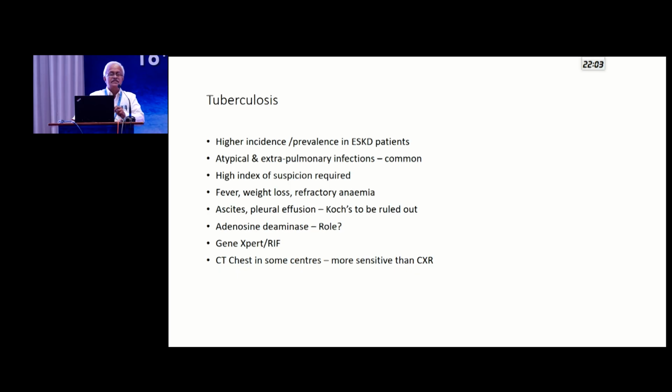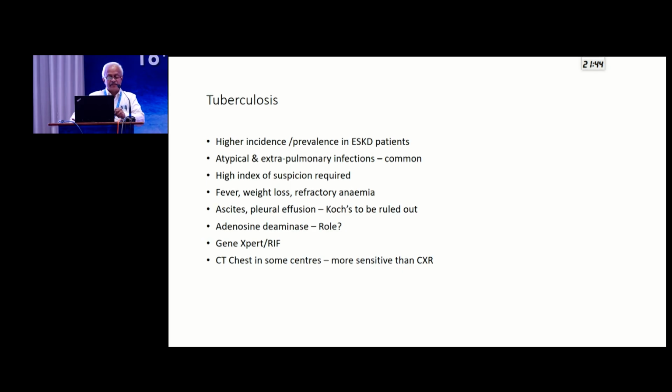Particularly when there is ascites, it's very difficult to confirm or rule out a TB etiology. The same thing happens in pleural effusion. Recently, the role of adenosine deaminase is not very much encouraged, even though we do it.